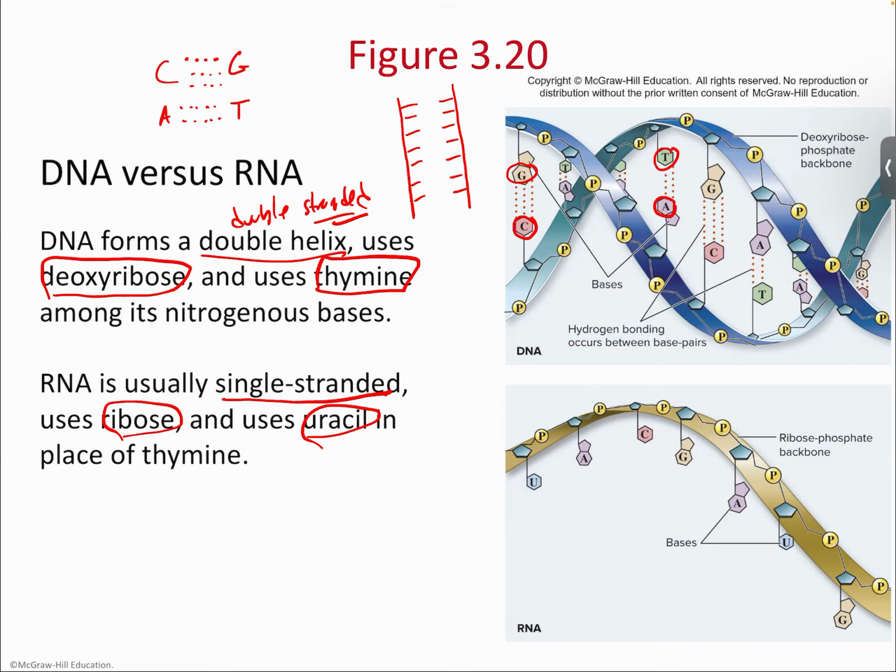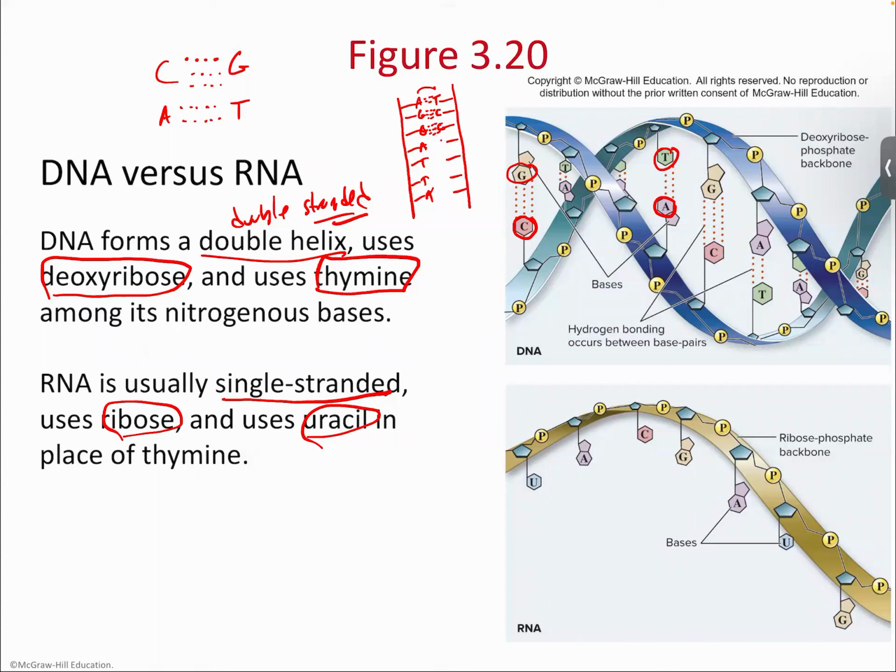So if I were to write a sequence like A, G, G, A, T, T, A, then what would go on the opposite side of this first A? A T, and it would be held together with 2 hydrogen bonds. How about with the G? Who goes with that? C, and it would have 3 hydrogen bonds, and the next one, that's a G, so there would be a C again, with 3 hydrogen bonds.